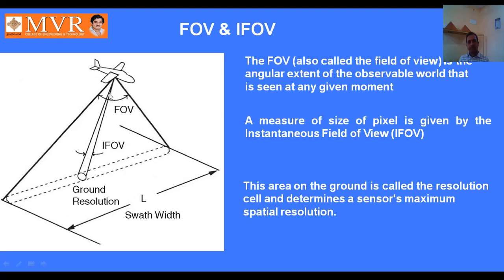If you see, this angle is the instantaneous field of view. At a particular time the sensor scans pixel by pixel; that is called the instantaneous field of view. It gives the pixel size.